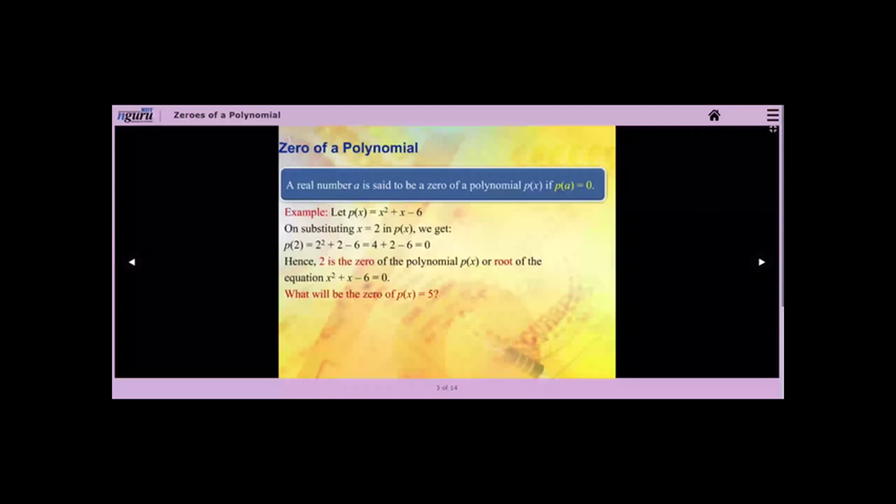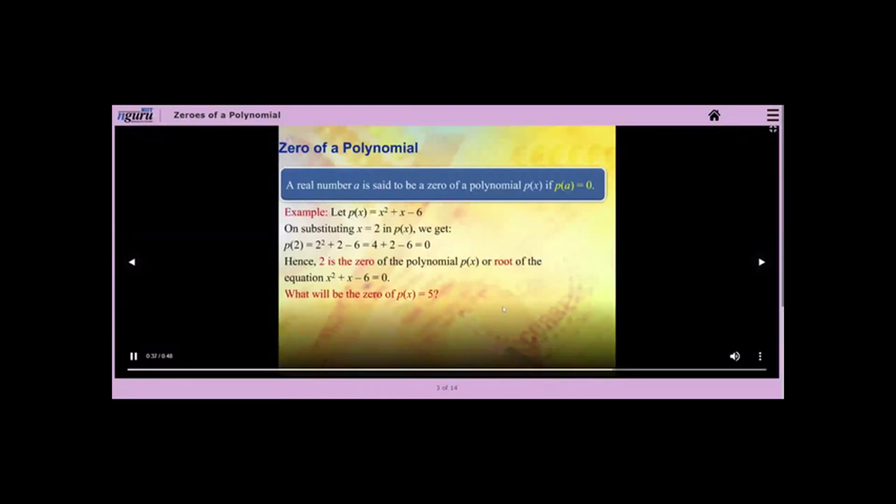Now, let's find out what will be the zero of the polynomial p of x is equal to 5. How do you find the zero? When you put that value, you should get 0, correct? Yes, ma'am. Since p of x is equal to 5 is a non-zero constant polynomial, it has no zero.